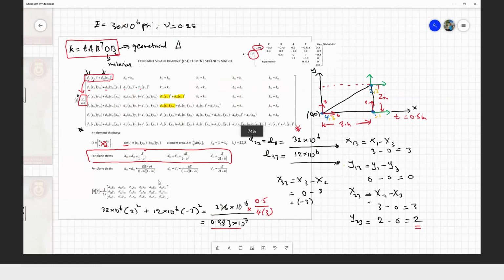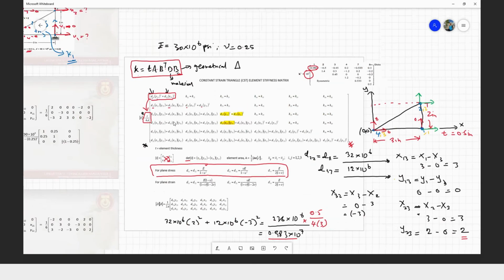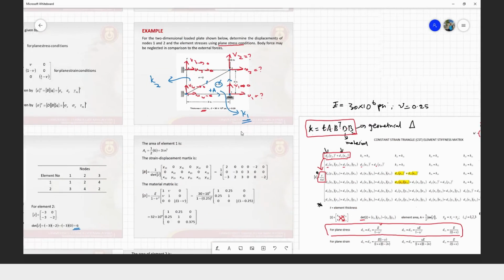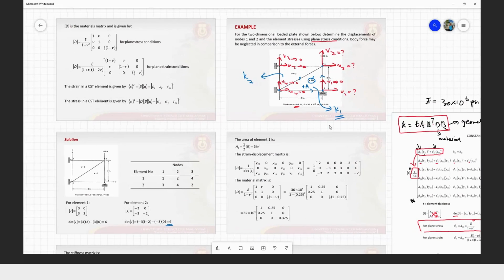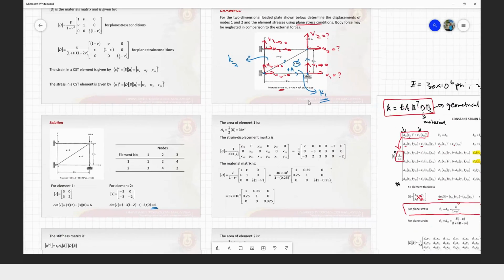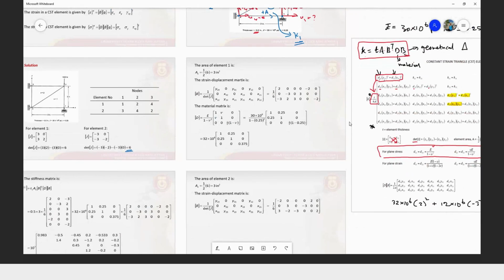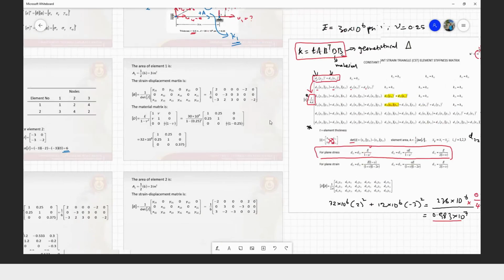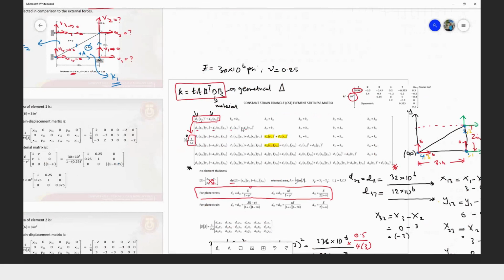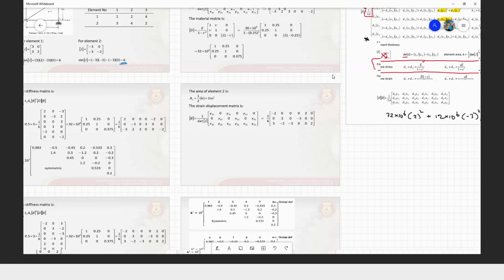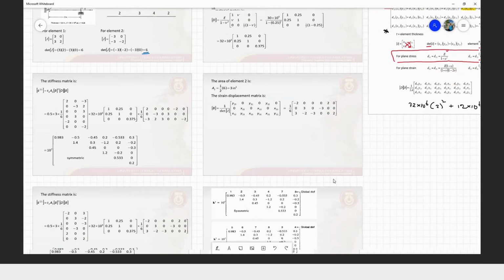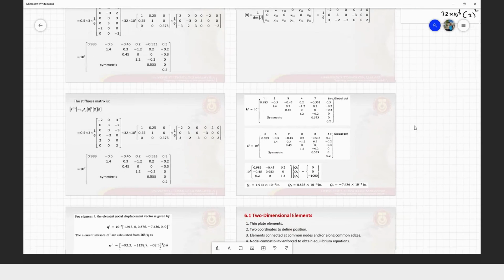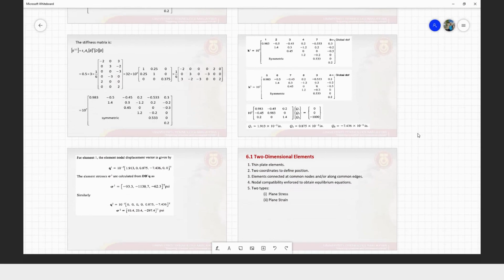We have 2 problems actually in the lecture notes here. So try with the simple one here, and then try to prove that you can get the same result for the K, and after that solve for the unknown degree of freedom.